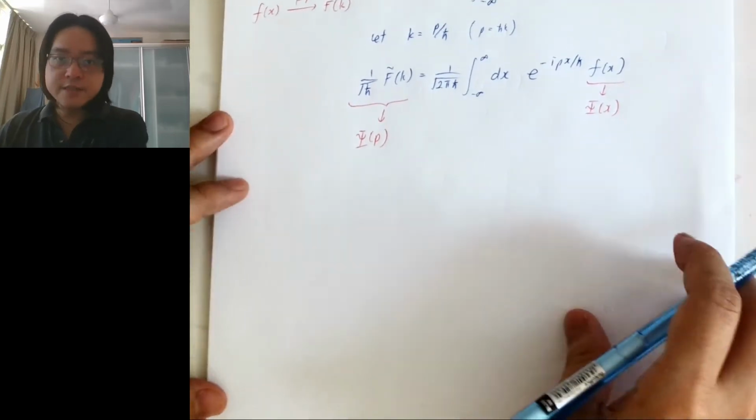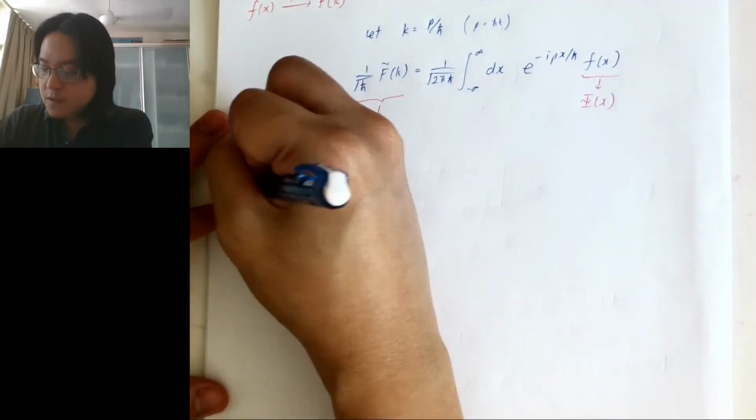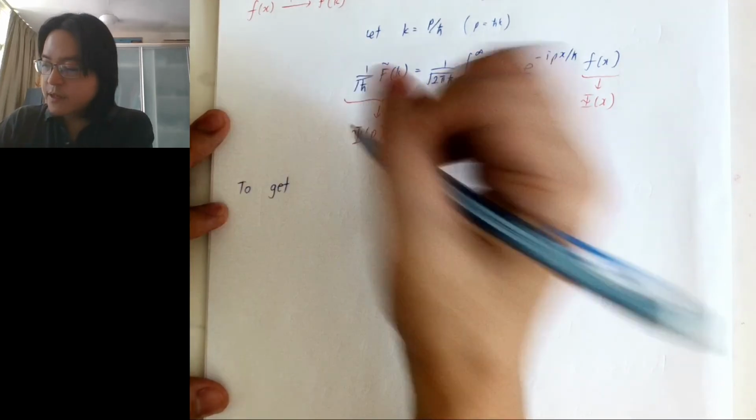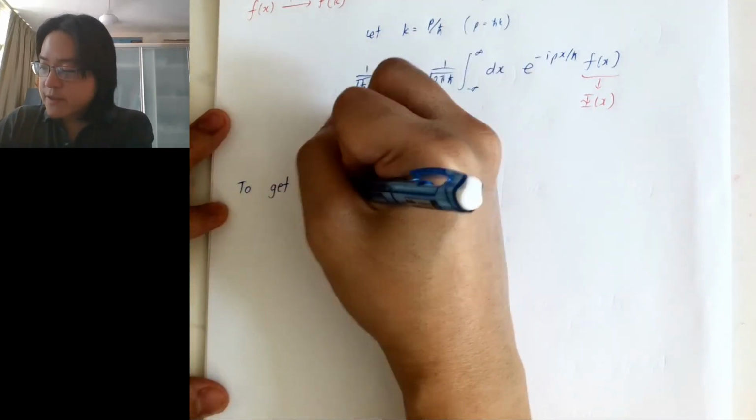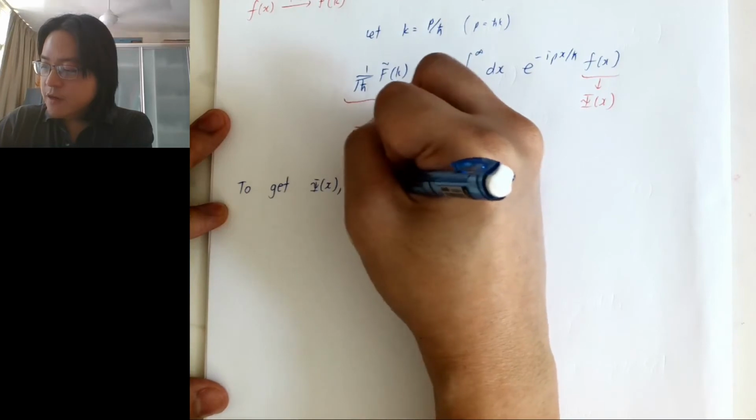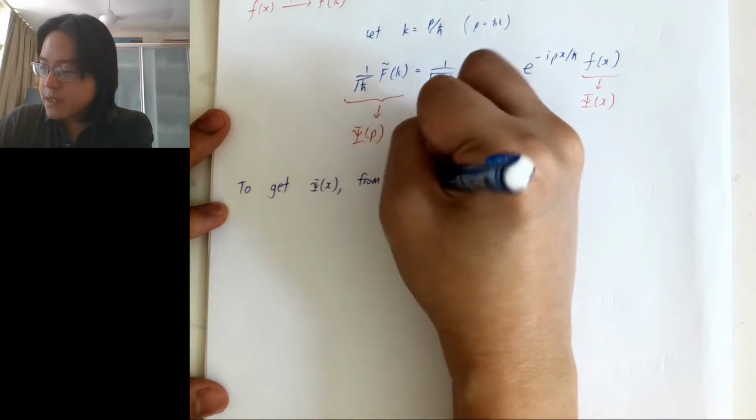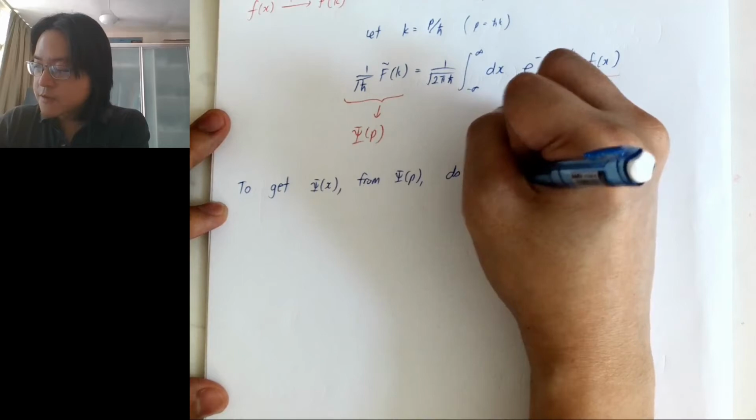So now we can see that you can go backwards as well. To get psi of x starting from phi of p, we do the inverse Fourier transform.